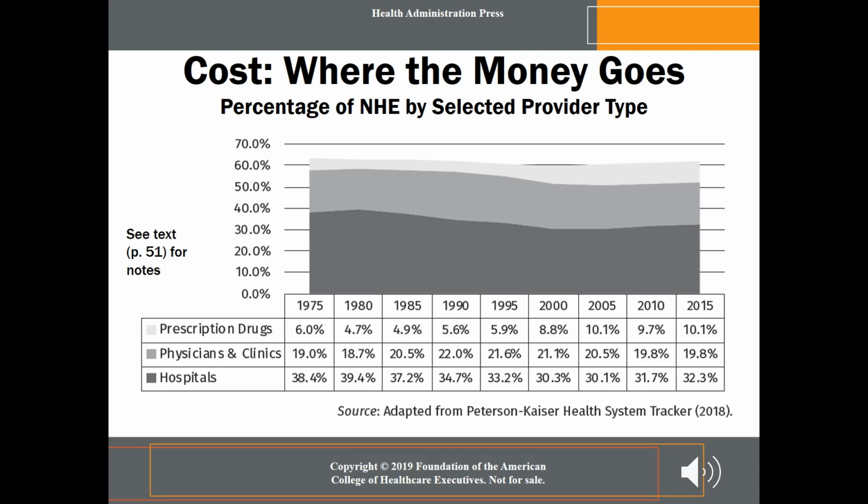And you can see that the physician portion of the healthcare dollar has been remarkably consistent over the years, while spending on prescription drugs has increased, which displaces, in part, some of the spending on hospital care. Hospital expenditures have declined from 38.4% of NHE in 75 to 32.3% in 2015, which is a drop of approximately 16%.